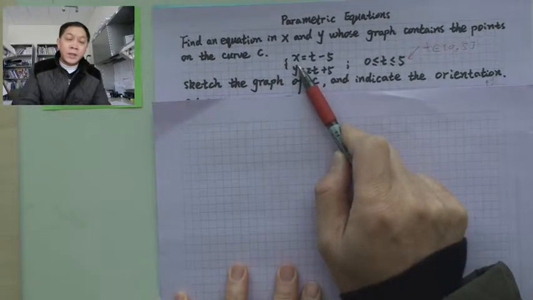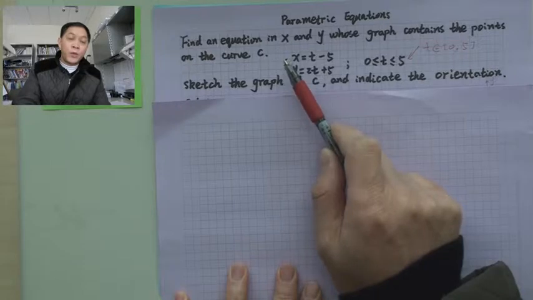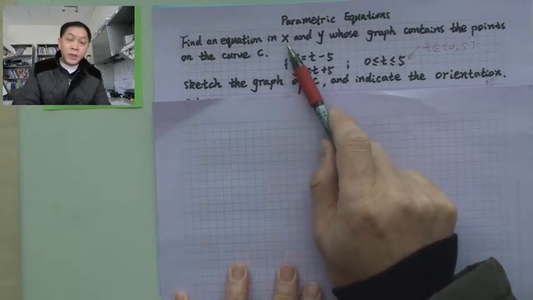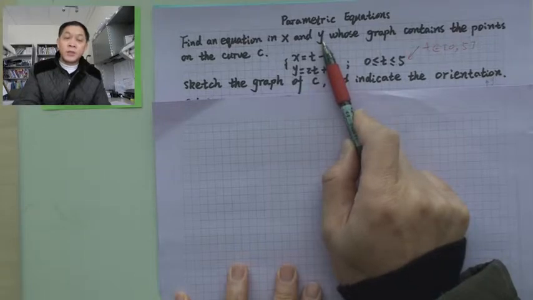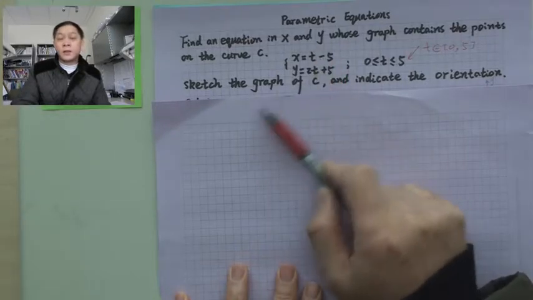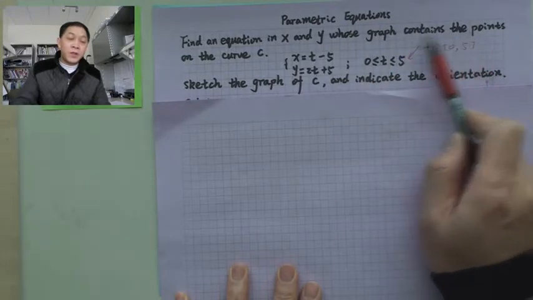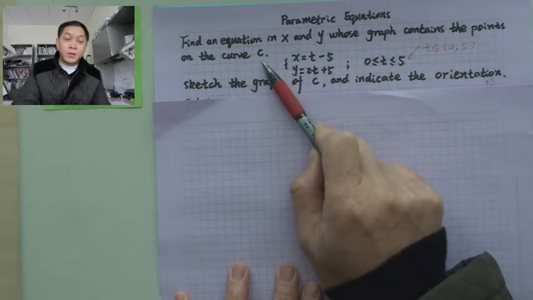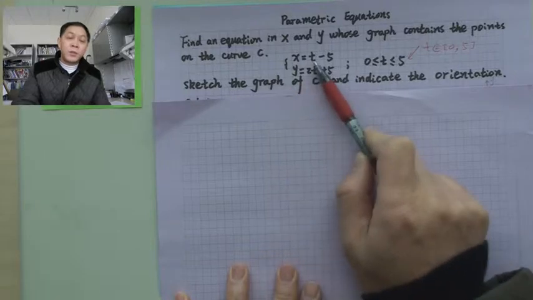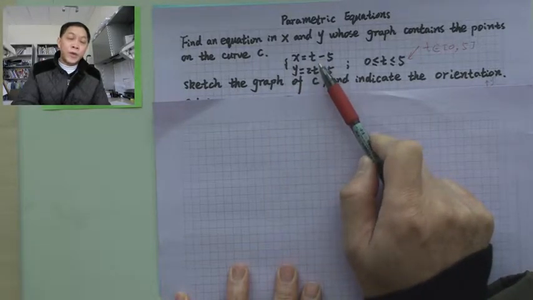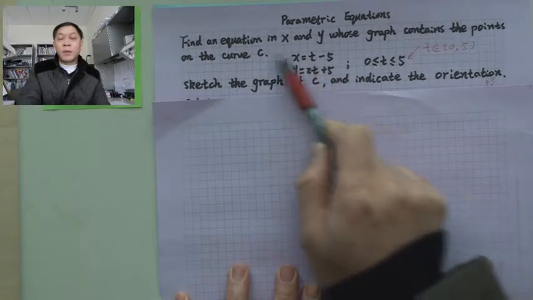This example says: find an equation in x and y whose graph contains the points on the curve C. So we are requested to find an equation in x and y, meaning without t. Here we are given t, and in the equation we don't want t.